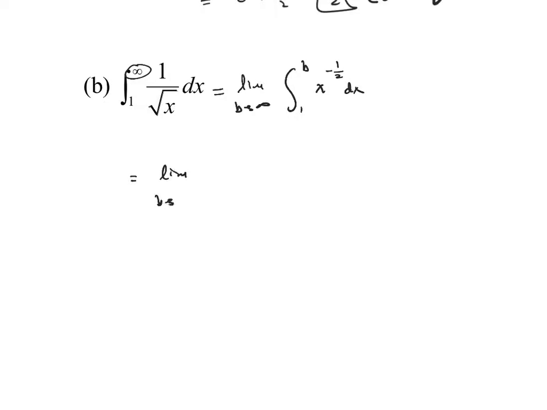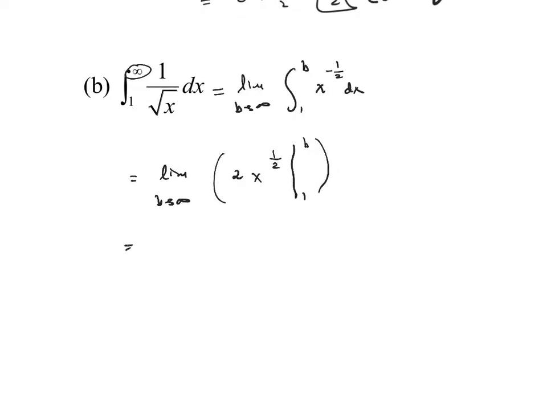So the limit as b approaches infinity of, let's consider this integral, x to the negative 1/2 using the power rule. That would be x to the positive 1/2 if I added 1 to the power, and then I divide that by 1/2, which is the same thing as multiplying by 2. But again, I need to evaluate this from 1 to b.